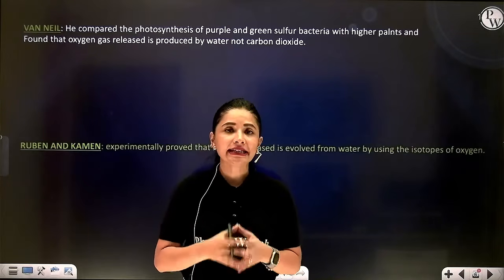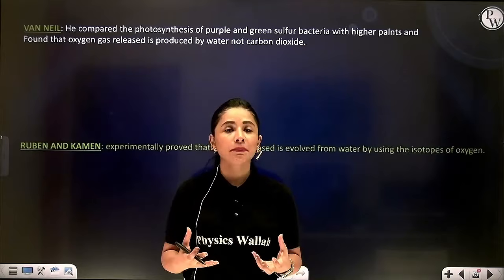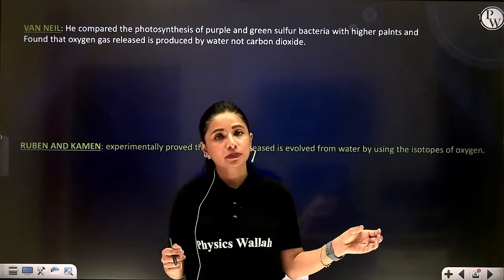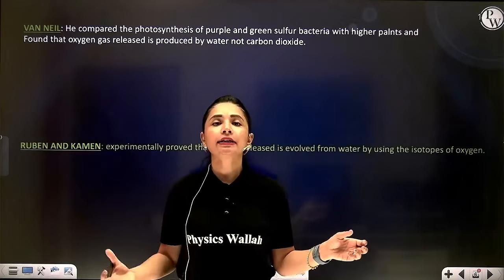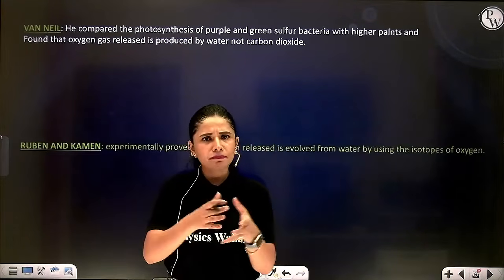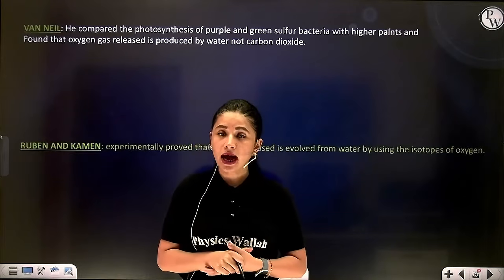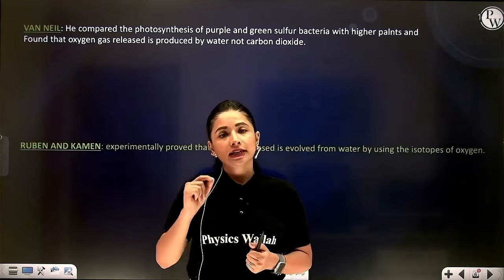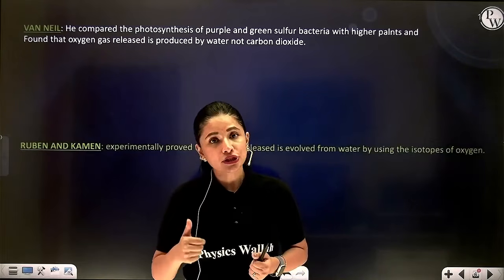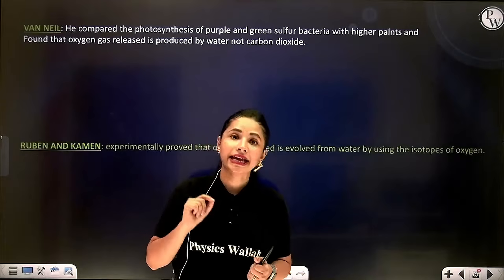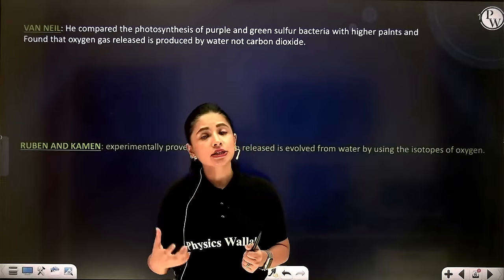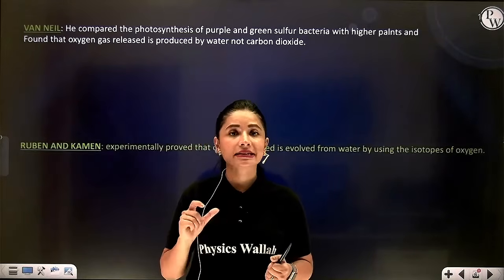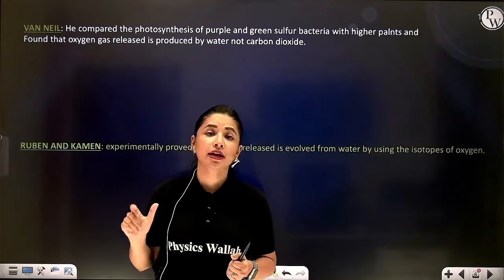So basically Van Niel tried to compare the photosynthesis of these photolithoautotrophs, that is purple and green sulfur bacteria, and higher plants. When he was comparing the photosynthesis of both organisms, he observed one thing. He observed that by changing the nature of the reducing agent, the nature of the gas released also gets changed.